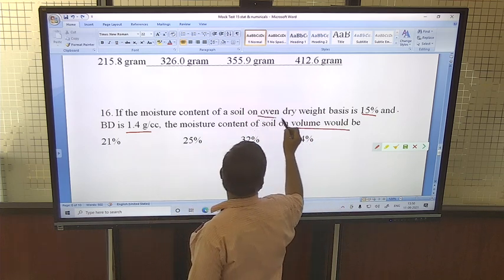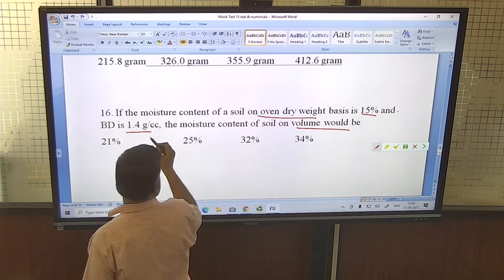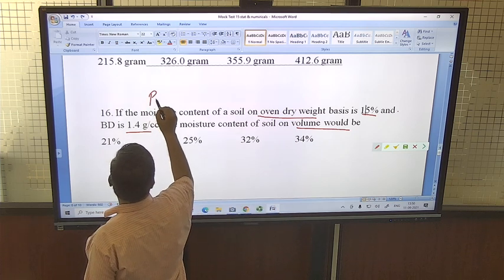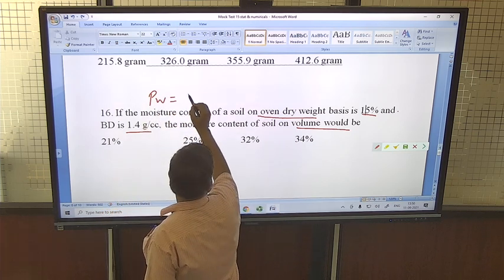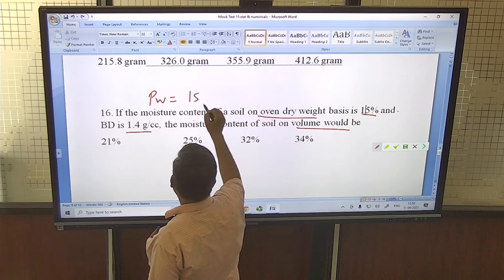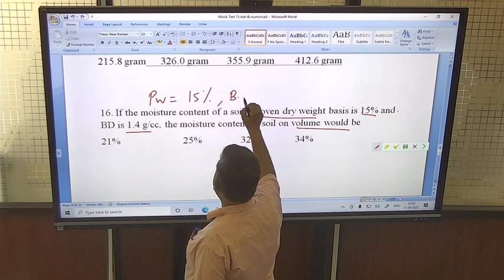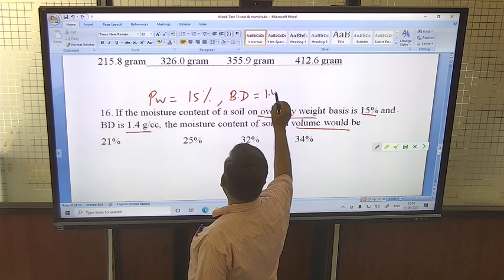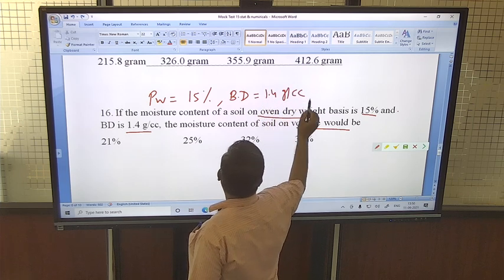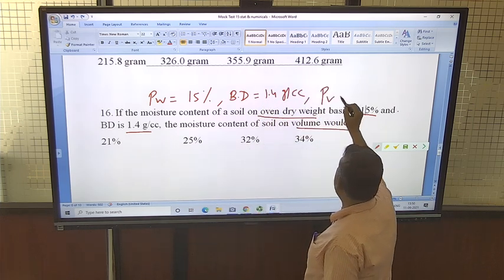So oven dry weight basis moisture content is 15%. It means percentage by weight is 15 and BD is equal to 1.4 gram per cc. Then volume basis, what is the percentage?